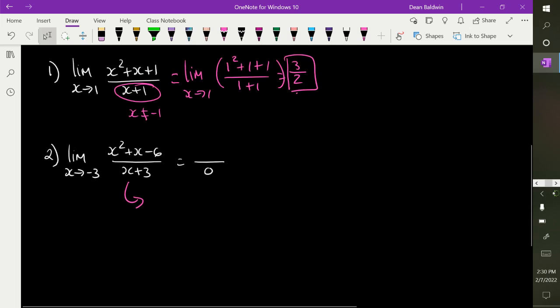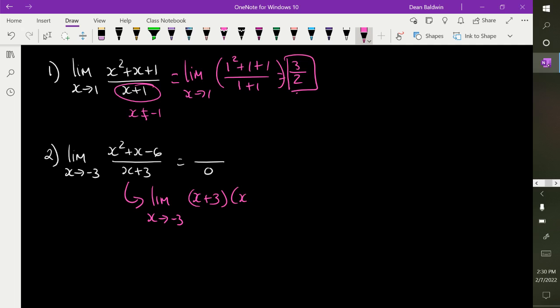And because this is a rational function, i.e. a polynomial over a polynomial, and if you were in my class, I'd always tell you, as soon as you see a polynomial and you don't know what to do, try factoring.